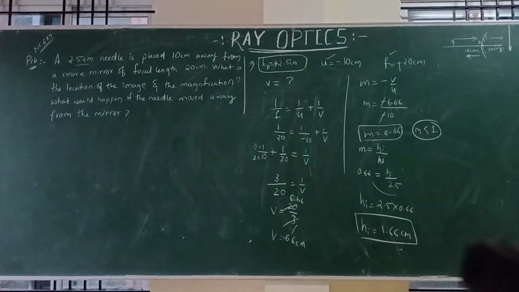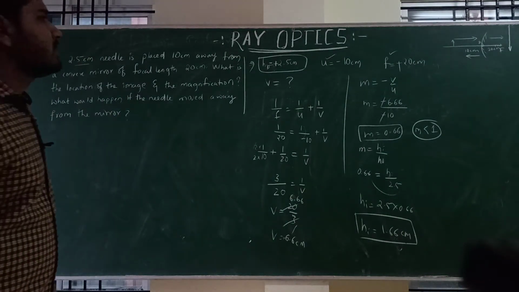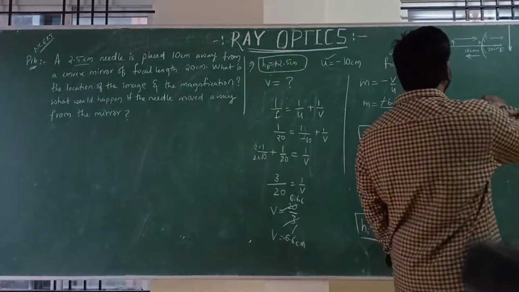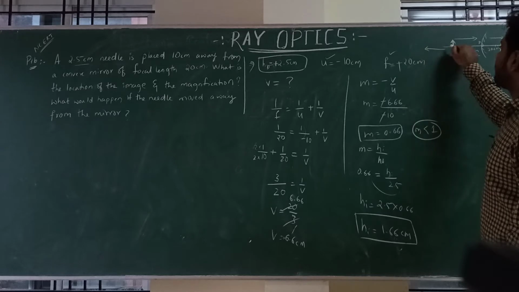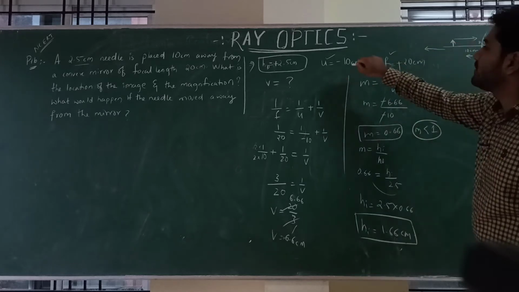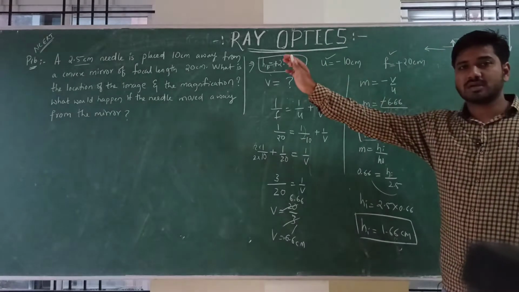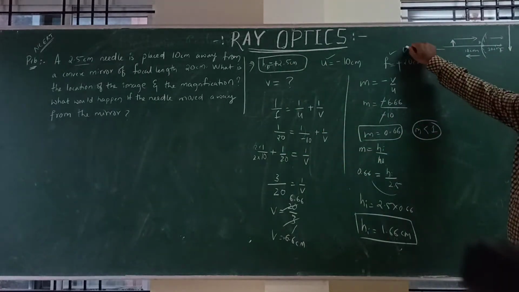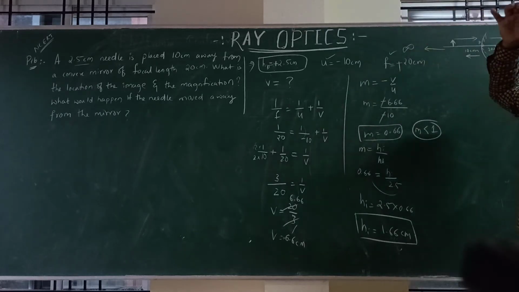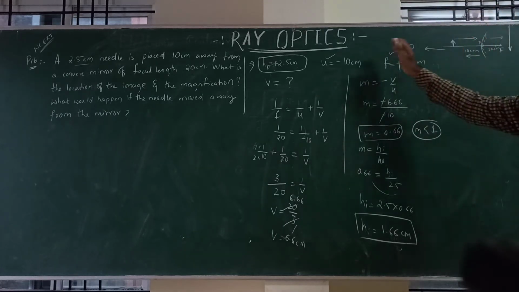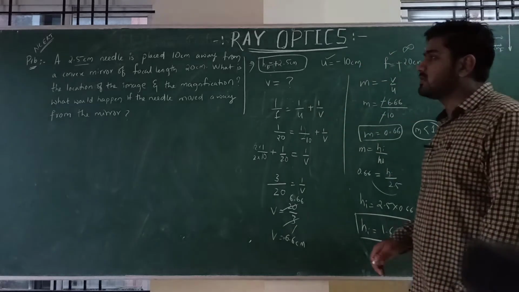Now what would happen if the needle moved away from the mirror? Primarily our needle was here. So if I move this needle away from the mirror, suppose at infinity, what will happen? This is the convex mirror, and this is the principal axis.